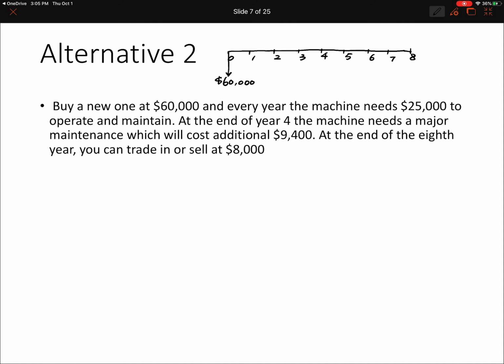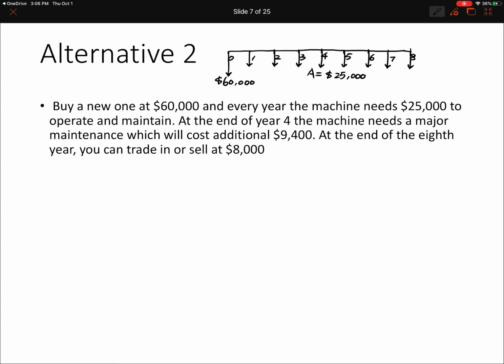And after that, every year you need to spend a little bit lower, 25,000 for your maintenance and operation. Okay, so it's an arrow going downward but shorter, until the end of the 8th year.